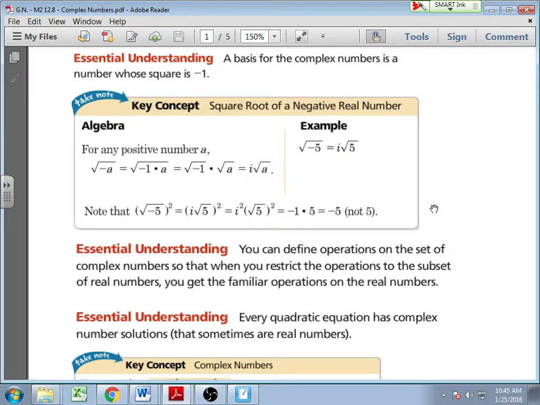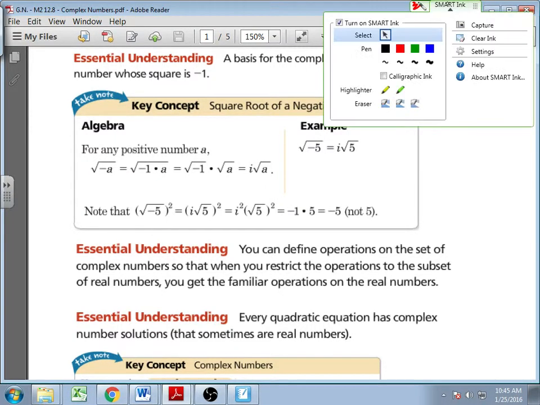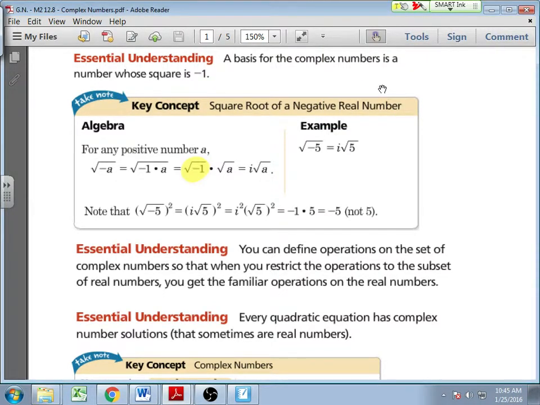Then I break up that radical, so it's really the radical of -1 times the radical of A. And then I can reevaluate this by just changing my radical of -1 into an i. I leave the positive radical under the radical, or if I'm able to solve it, I do it and write it in either its integer notation or however else we can represent it.